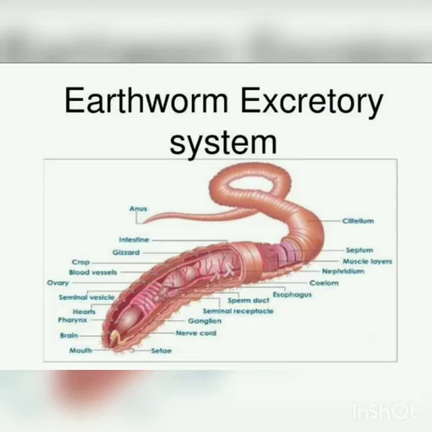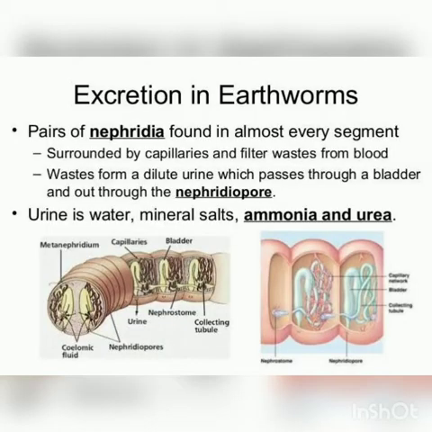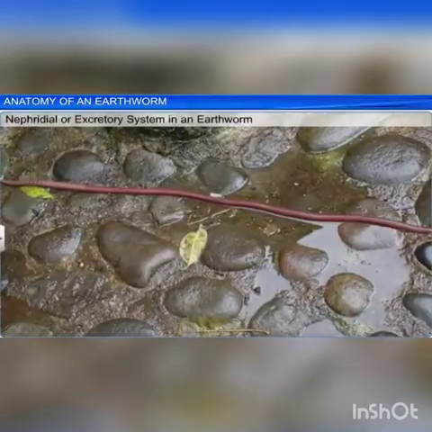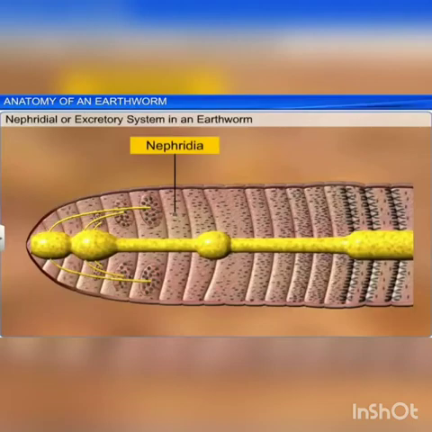Next, we move on to the excretory system of earthworm. Excretion. What is excretion? It is the process of elimination of metabolic waste products from the body. In earthworm, this excretion is carried out by segmentally arranged minute coiled paired tubules called nephridia. So, nephridia is the excretory organ of earthworm.